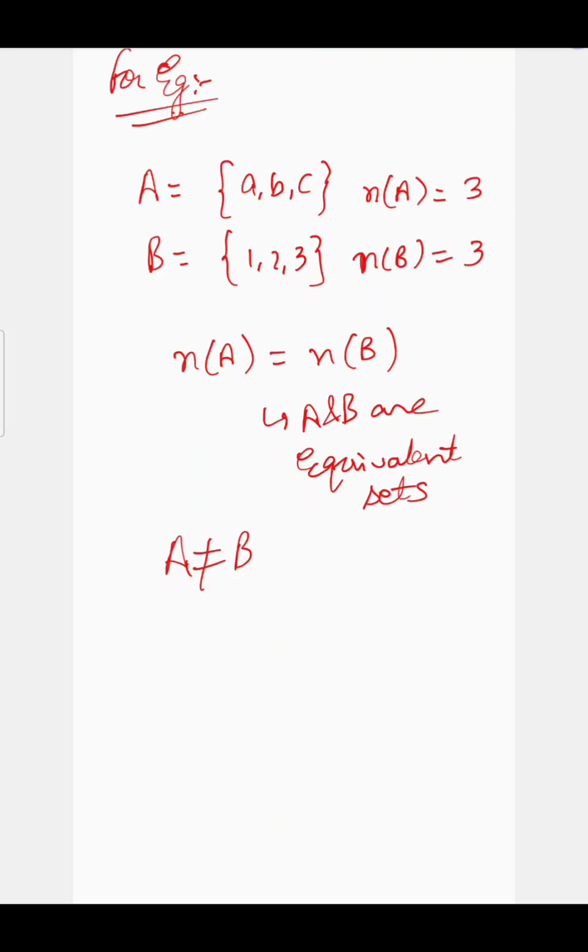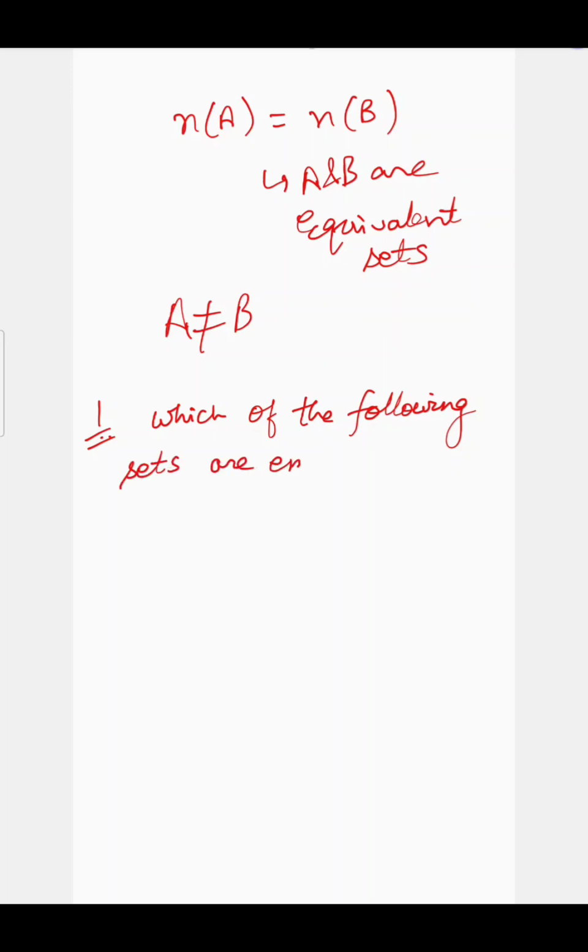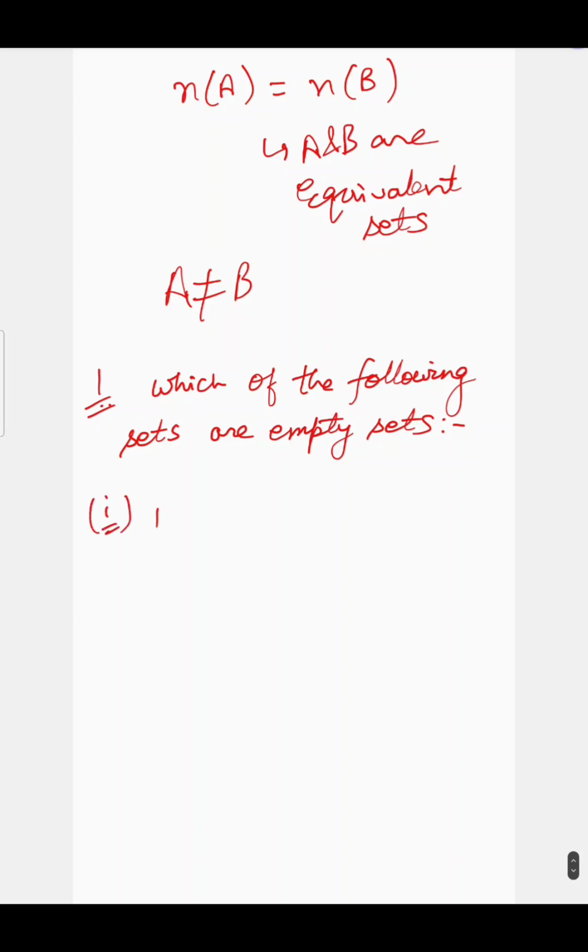Let's do some questions then. Which of the following sets are empty sets? 1.